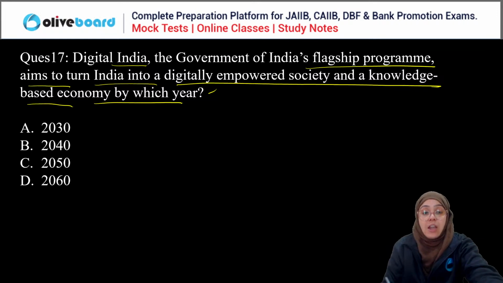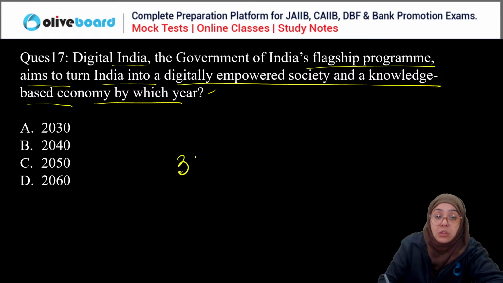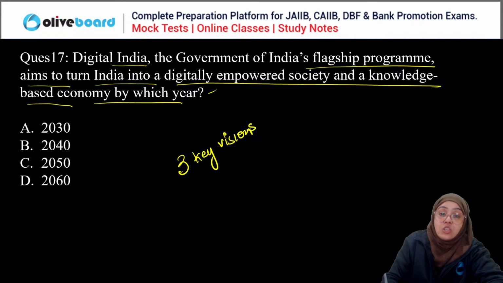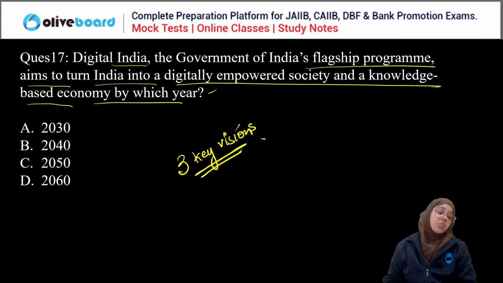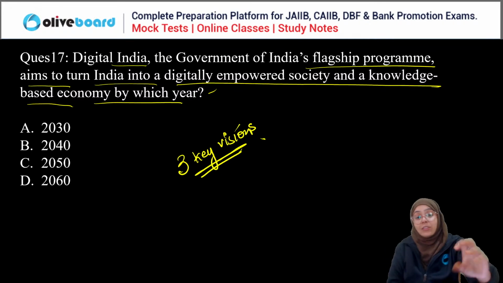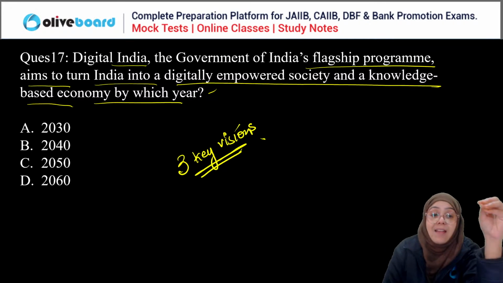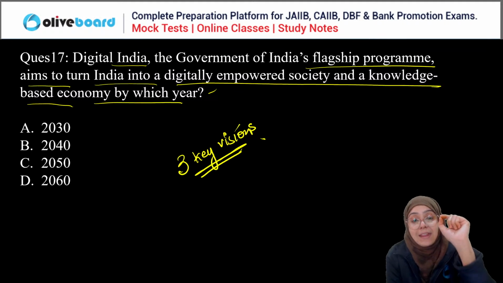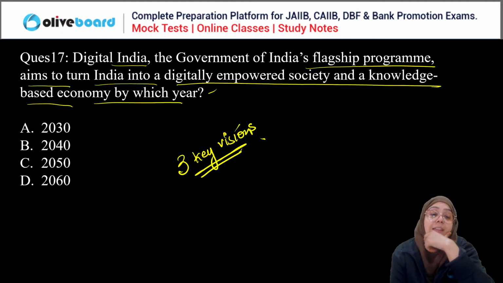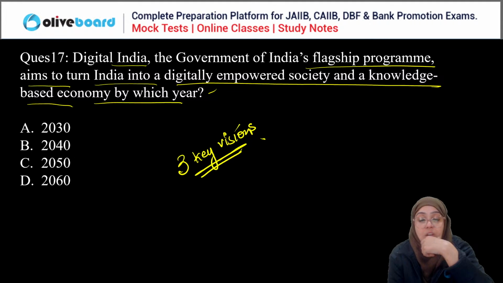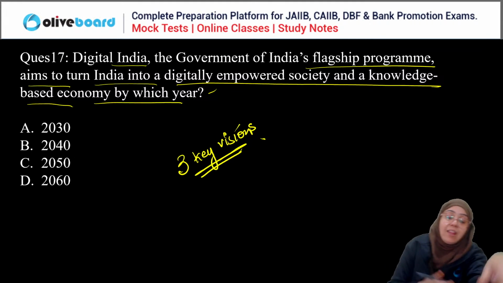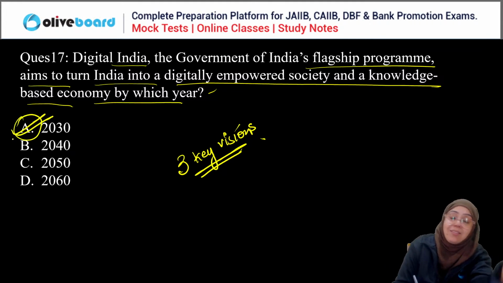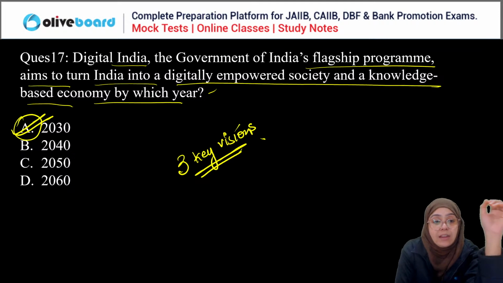Plus, tell me the three key vision areas of Digital India. This is easy. 2030 is the correct answer.